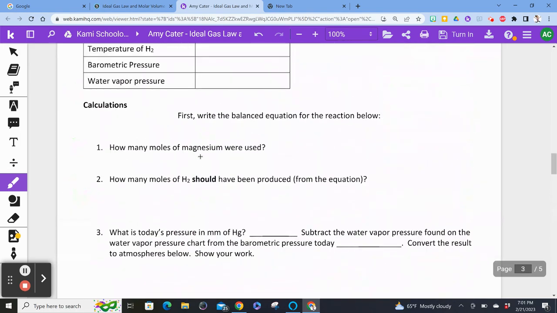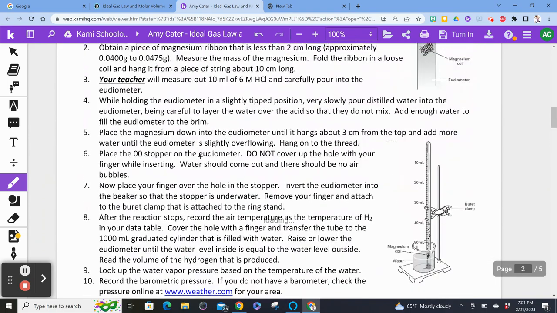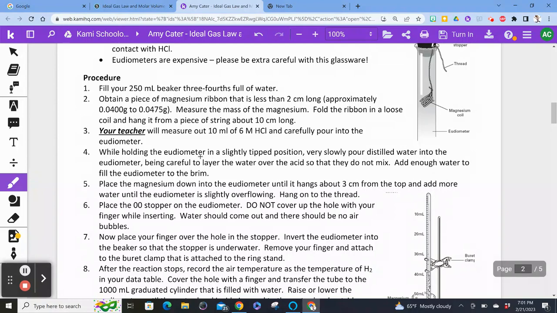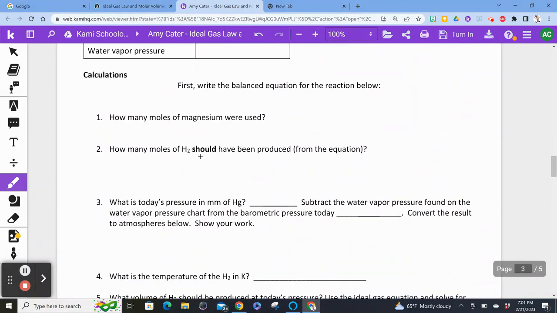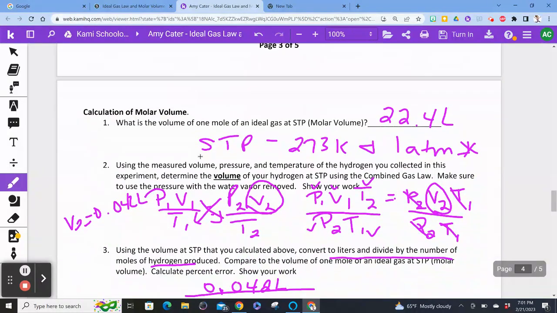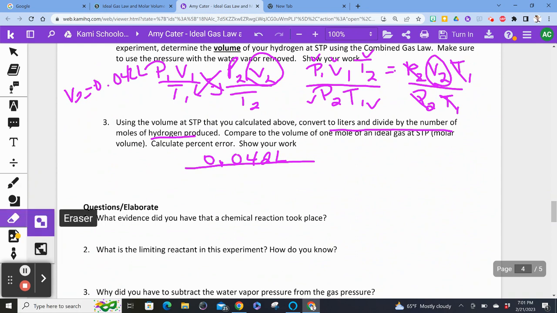Because I know we found that. Okay. Well, I think I have a different version of it. But anyway, so let's erase this.